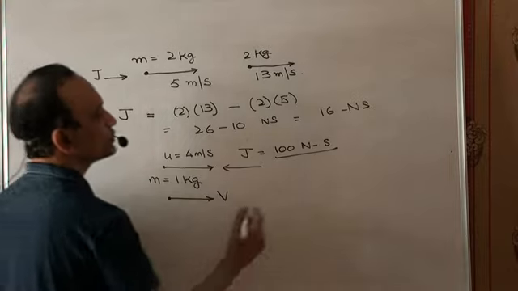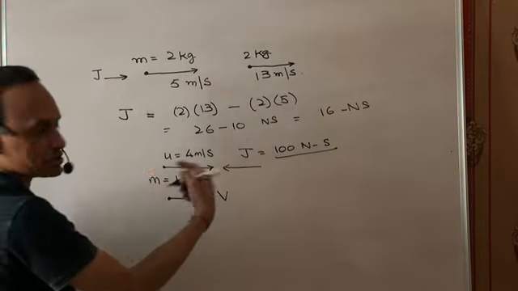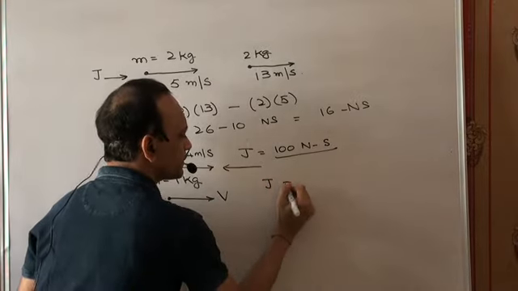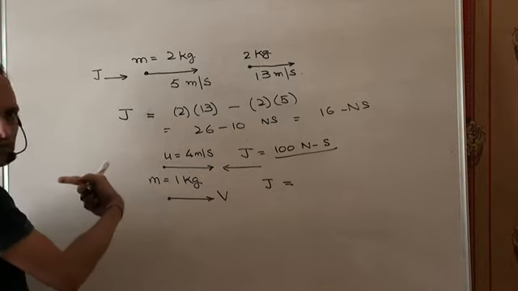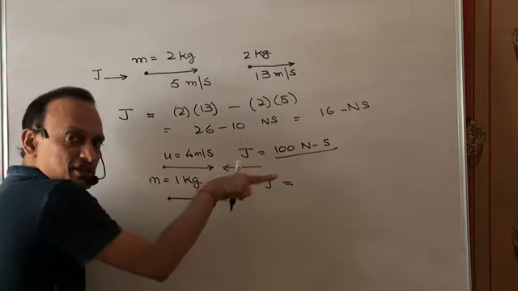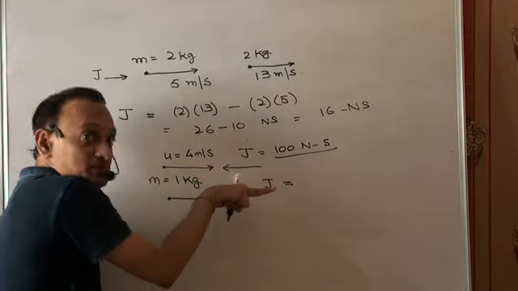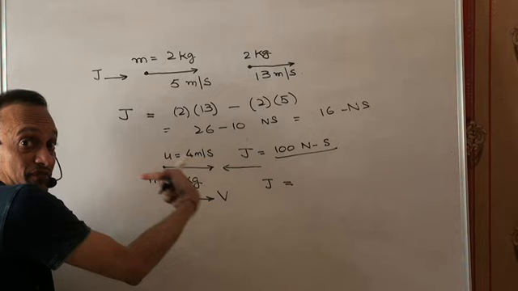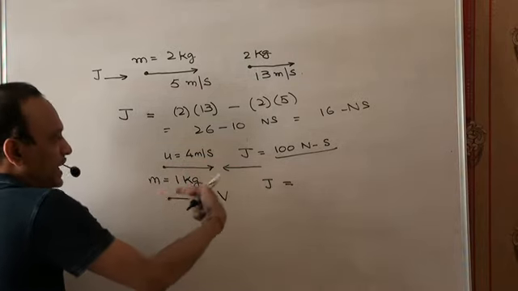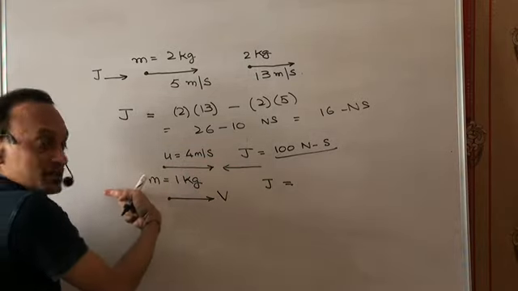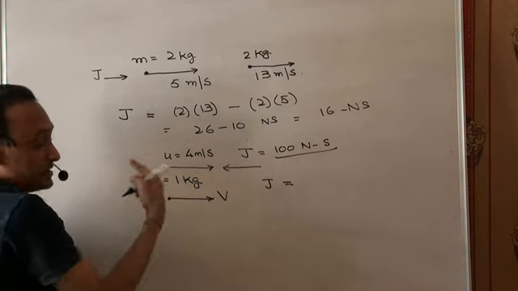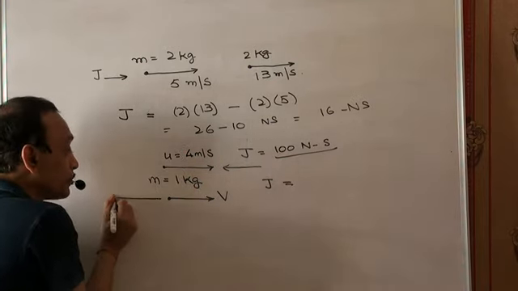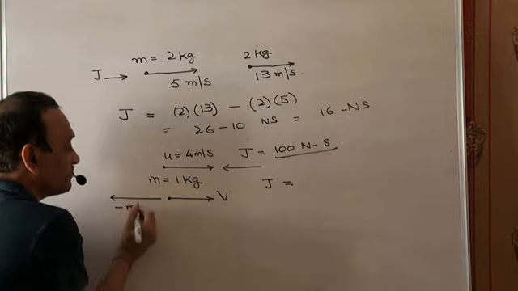Then the linear impulse in this direction, J, would be final linear momentum in this direction minus initial linear momentum in this direction. Very clearly, final linear momentum in this direction is going to be minus mv.